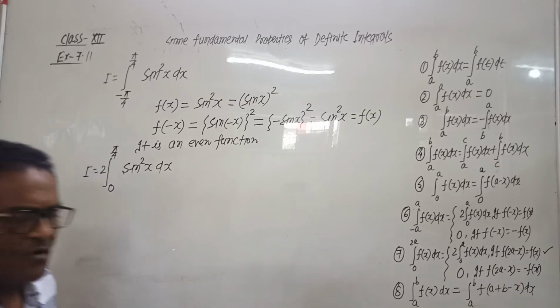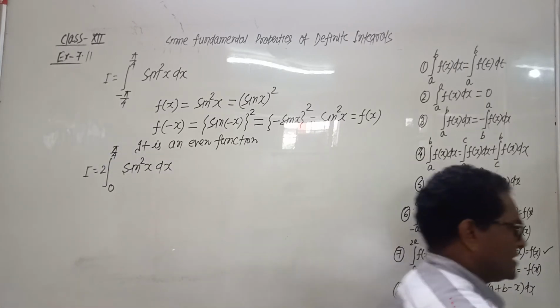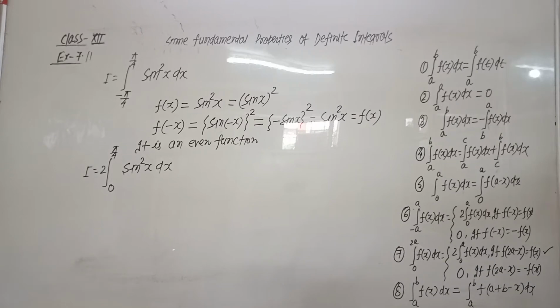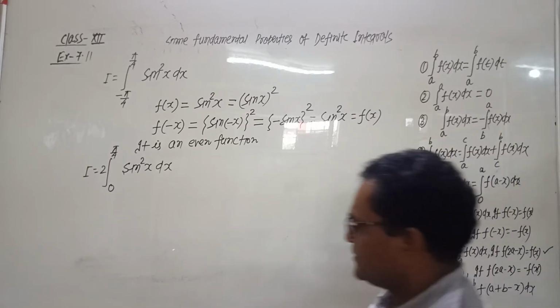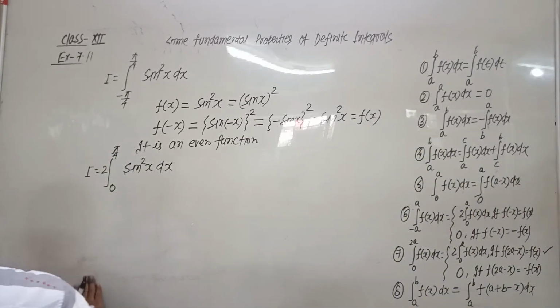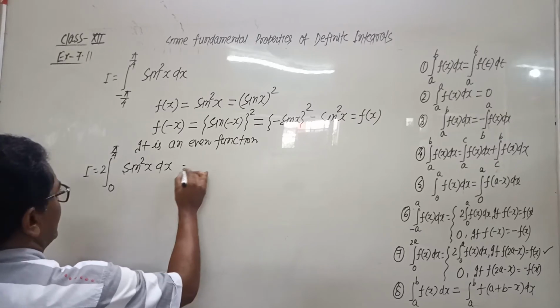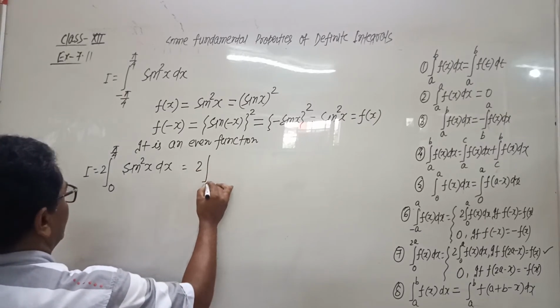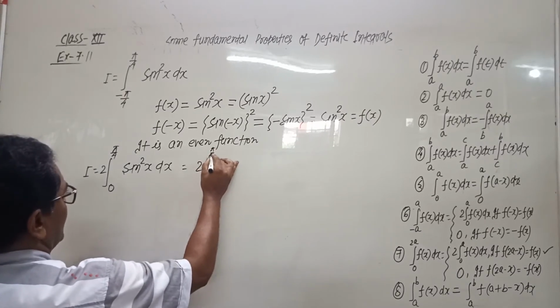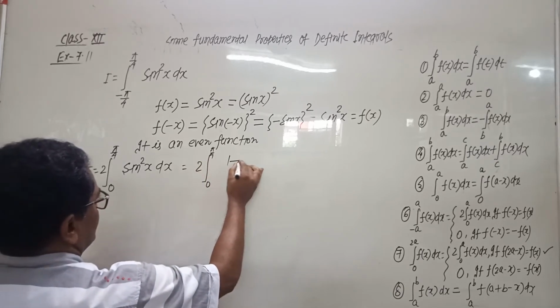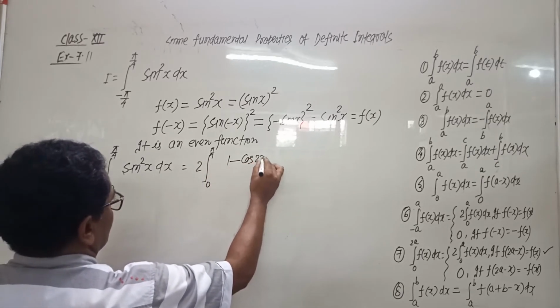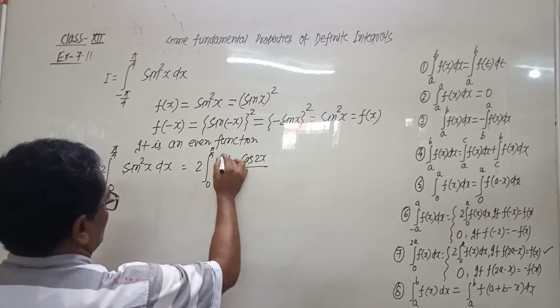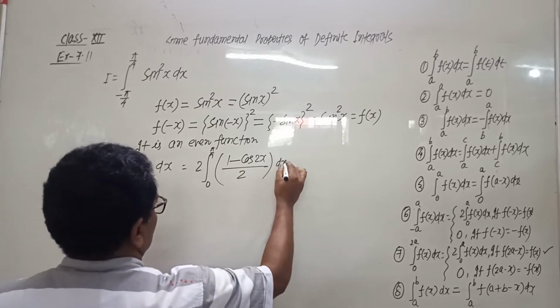Now sine square cannot be integrated directly, so we will have to express it in multiple-angle form. This can be written as 2 times integration 0 to pi by 4 of (1 minus cos 2x) by 2 dx.